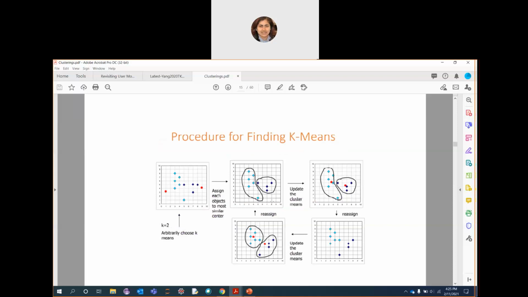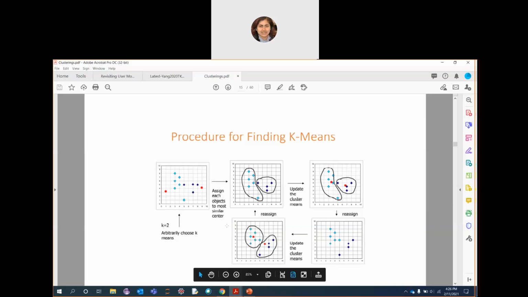Let's see that in this picture here. Suppose k means cluster, so two clusters, k value 2 is taken. We are just assuming it. So these are some data points, dark blue, light blue, and red colors.